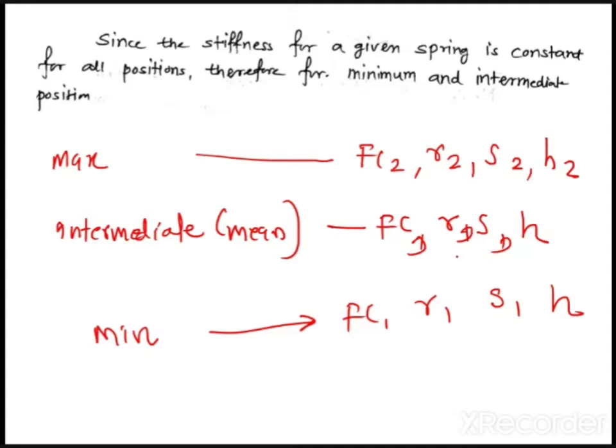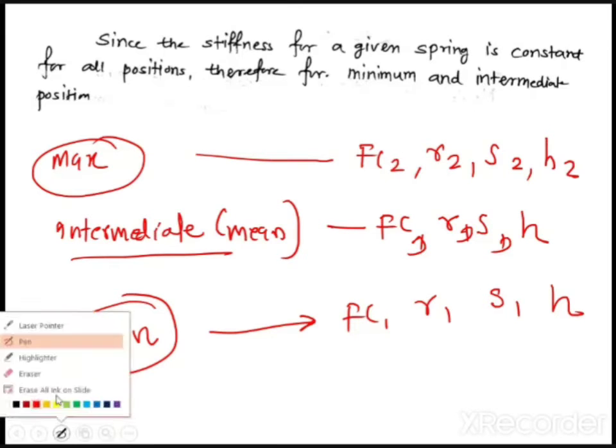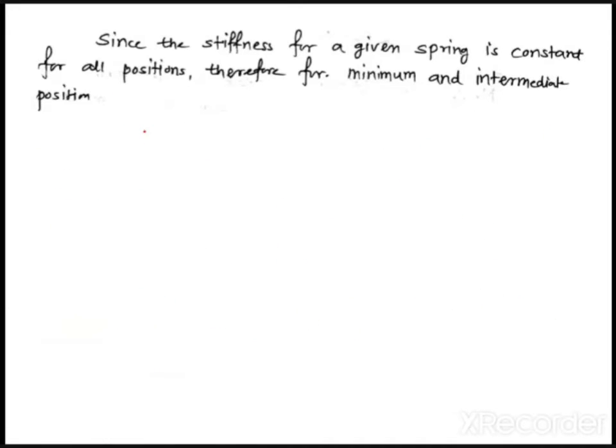Guys, have you understood this? This is what you have to remember. So for maximum we have Fc2, R2, S2, H2; Fc, R, S, H; Fc1, R1, S1, H1. Is it clear?